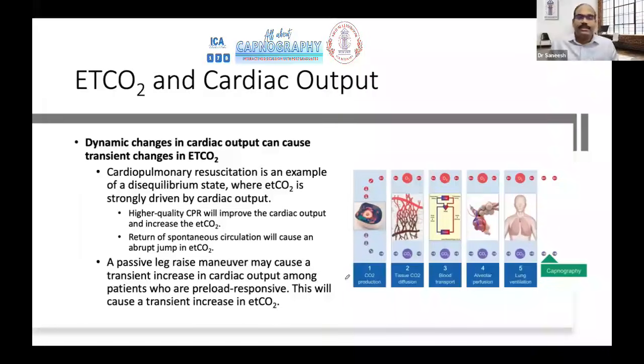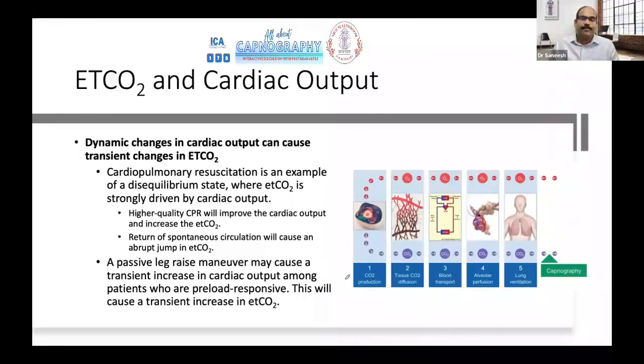One of the audience asked what is desirable. I don't think guidelines clearly mention 10 or 20 like that. But if you target something above 20, below 10 is definitely not acceptable. If you can achieve above 20 or in and around 20, your quality of chest compression is good enough. Return of spontaneous circulation will cause an abrupt jump in EtCO2.